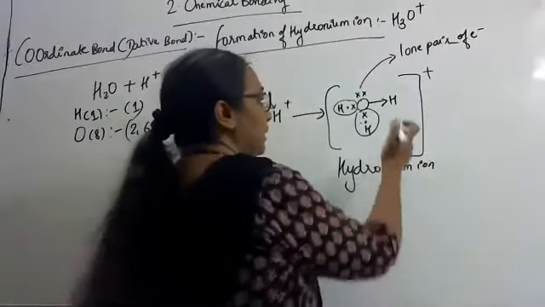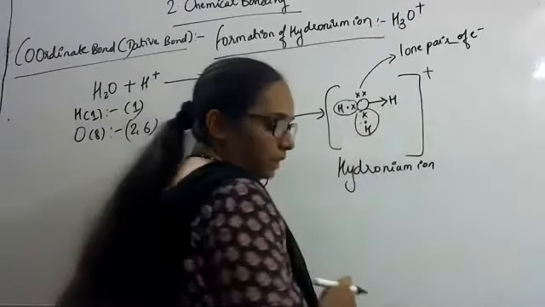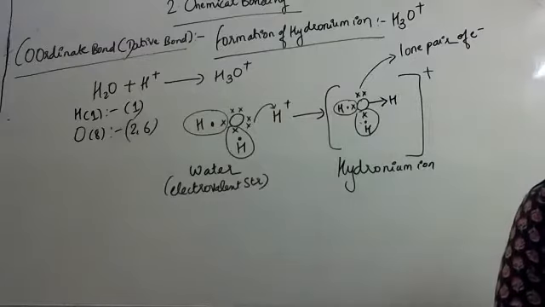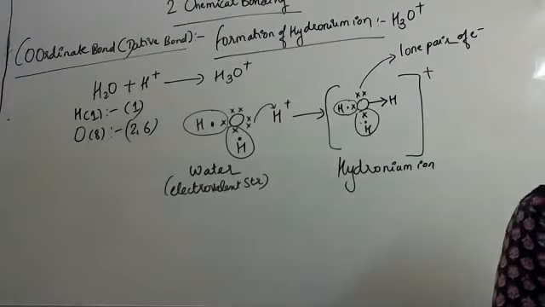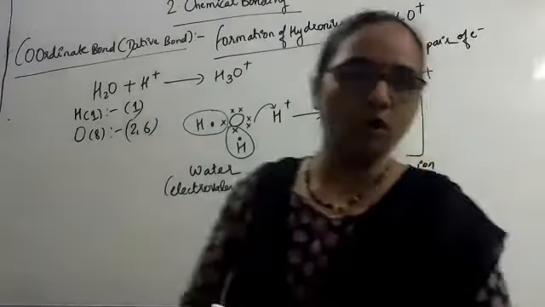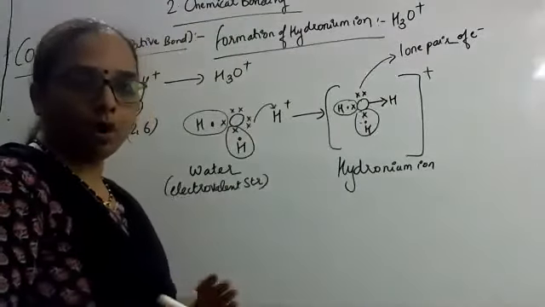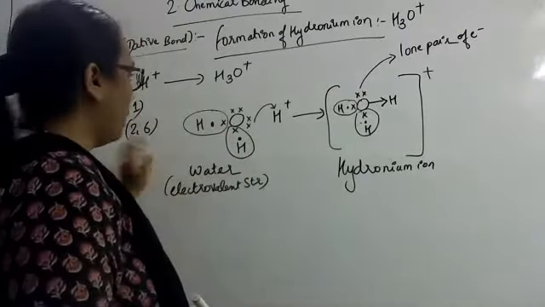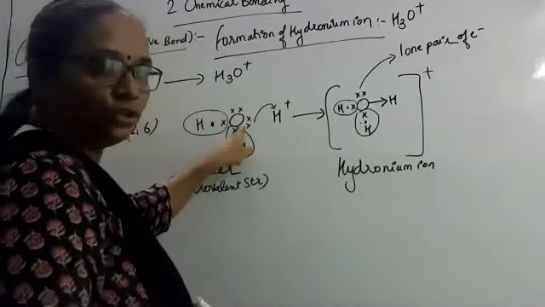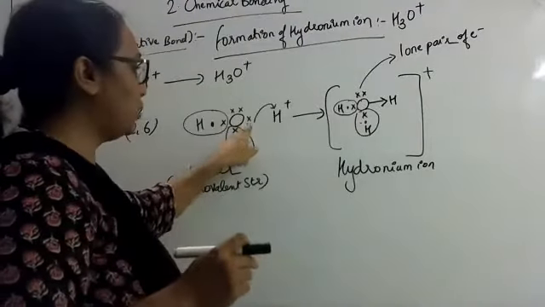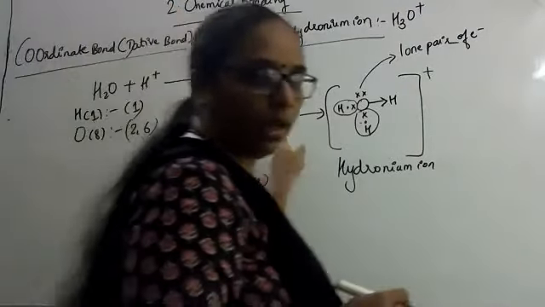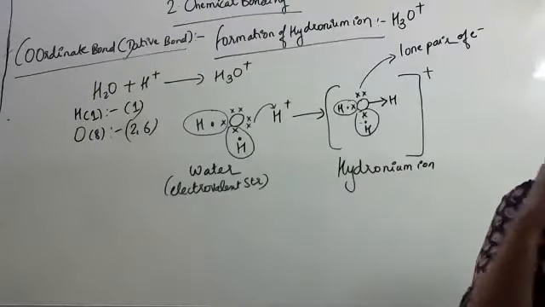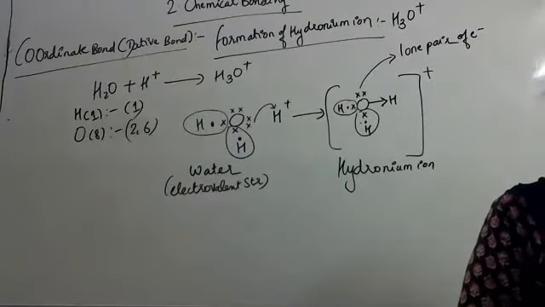So this arrow indicates the dative bond, D-A-T-I-V-E, dative bond or a coordinate bond. I'll tell you once again, what is a coordinate bond or a dative bond? A coordinate bond is a bond in which only one atom shares the electrons with another atom.